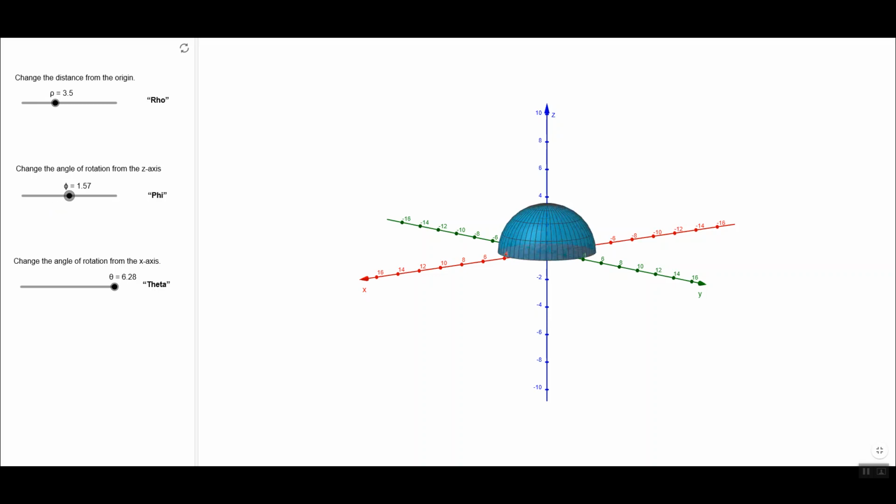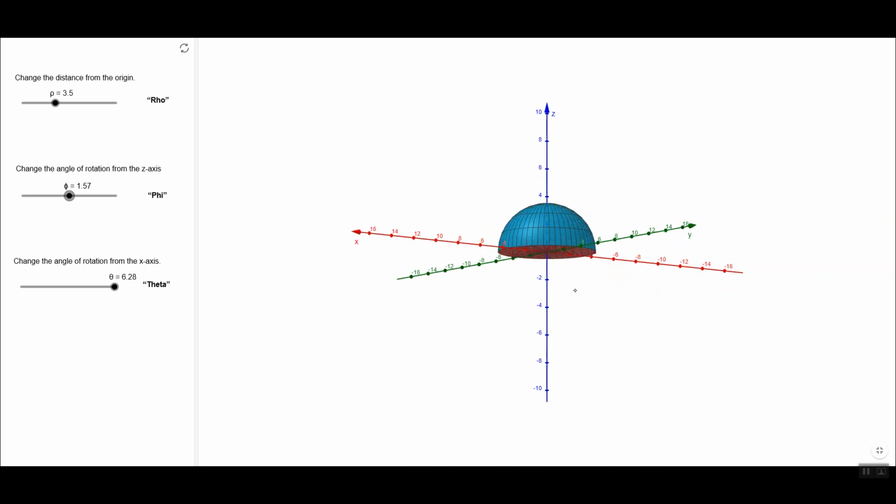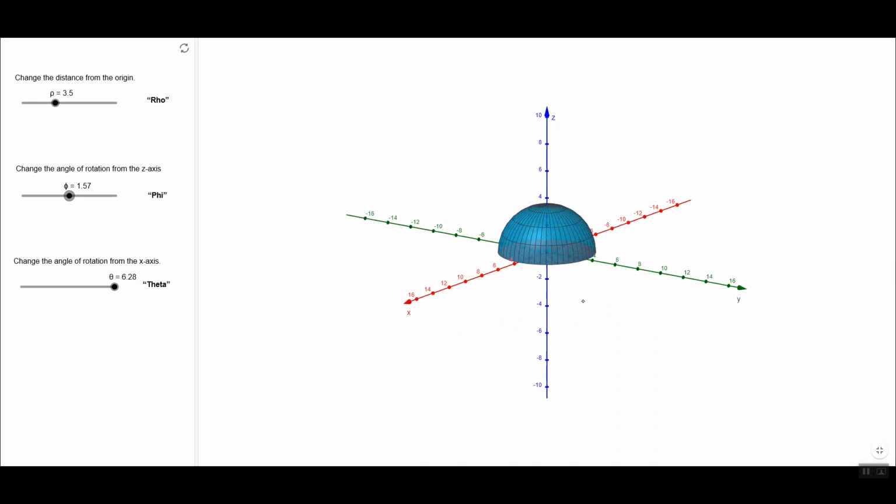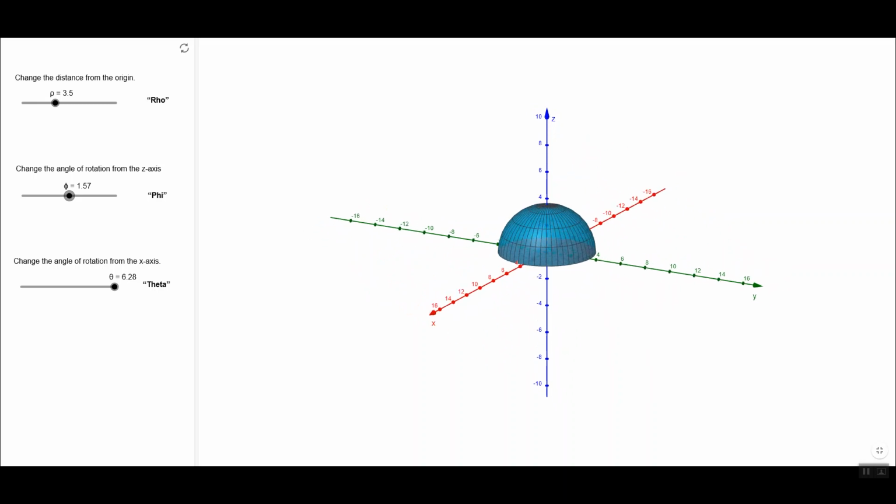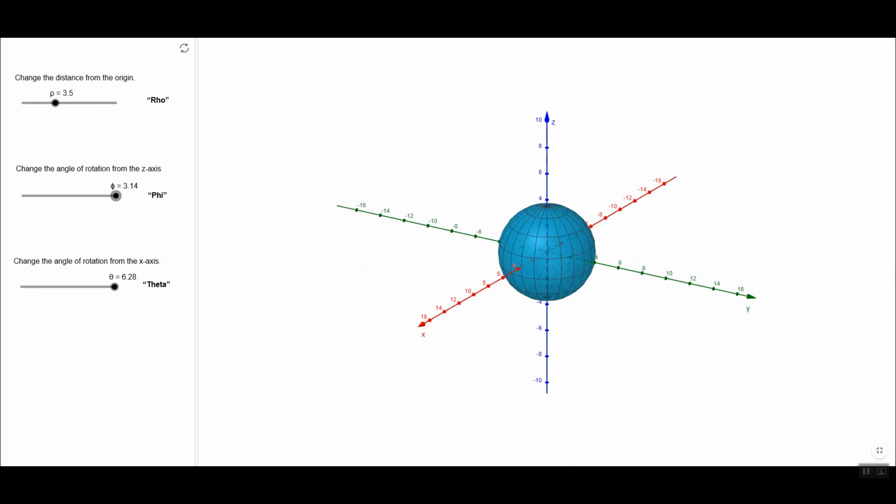Phi went from the positive z-axis, where phi was equal to 0, and it traversed 90 degrees. By traversing 90 degrees, now we got a hemisphere. And if it traverses all the way from 0 to pi, it closes in on itself and gets us a sphere.